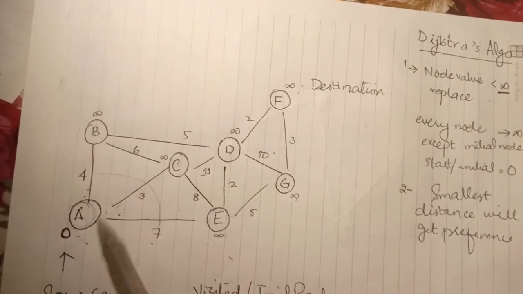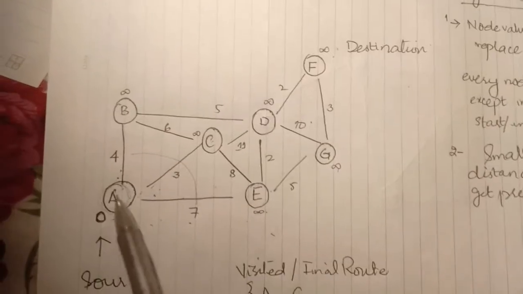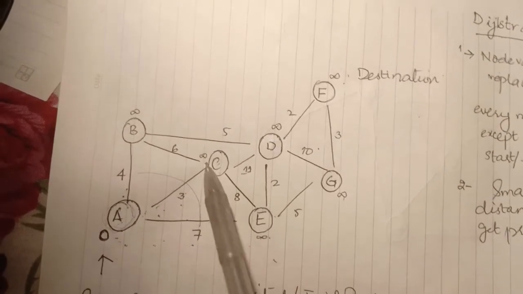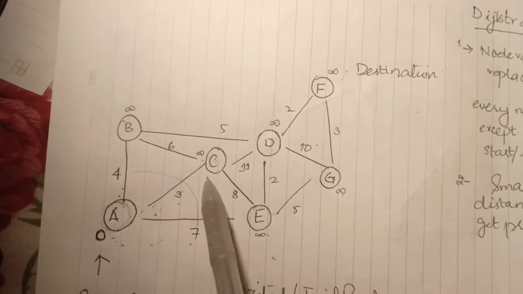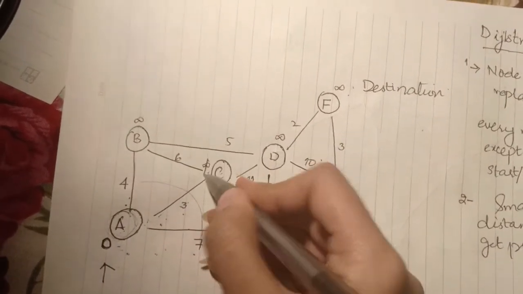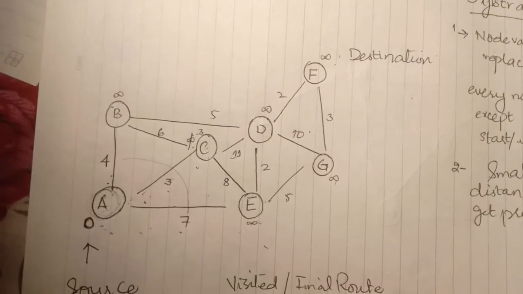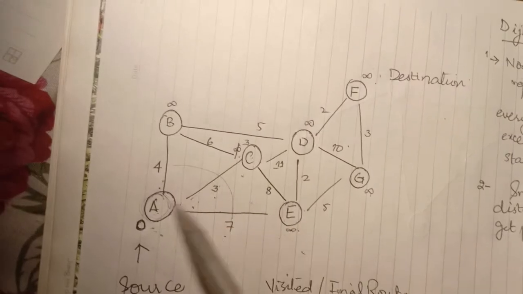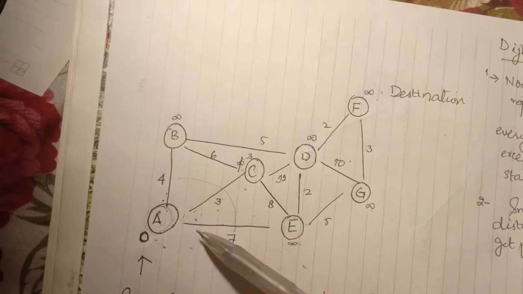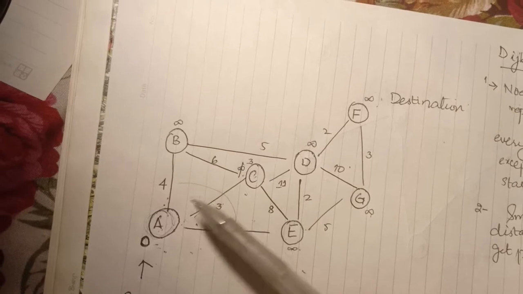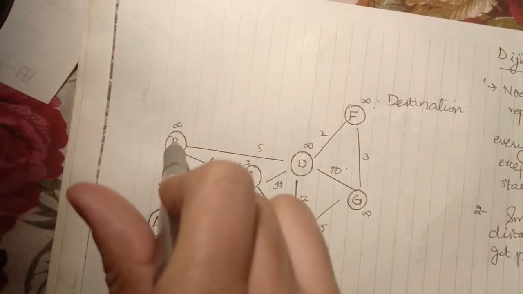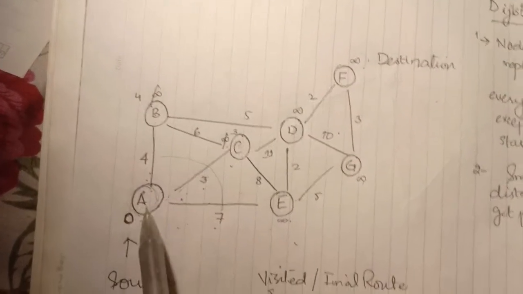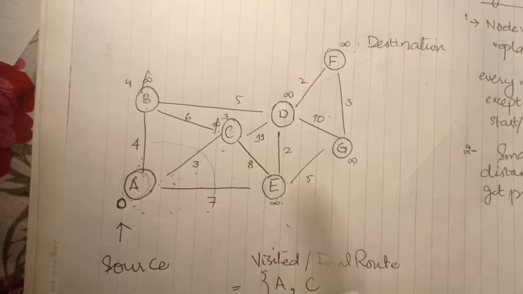We will go to C, and you see from A to C we have 3 value, and 3 is less than infinity. So our node value is less than infinity, so you need to replace it with 3, right? And it's the same to go from A to B, we will need value 4, and to go from A to E we will need 7.